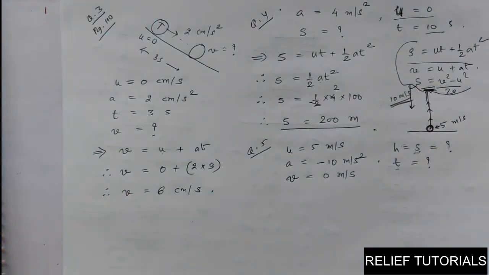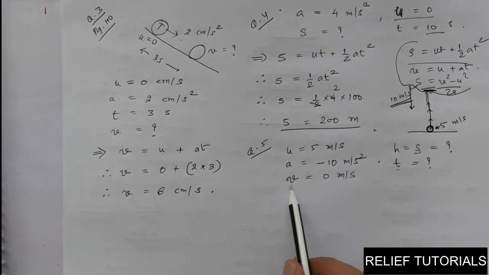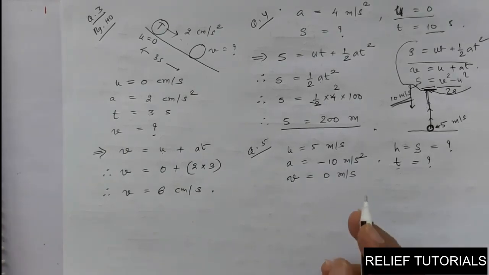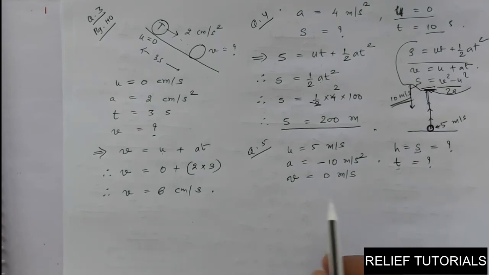In the sums of retardation, previously we have solved 2 or 3 different sums of retardation in which the acceleration is negative. In all those questions, normally the particle stops there. So if the particle is going to stop, its final velocity would be 0.